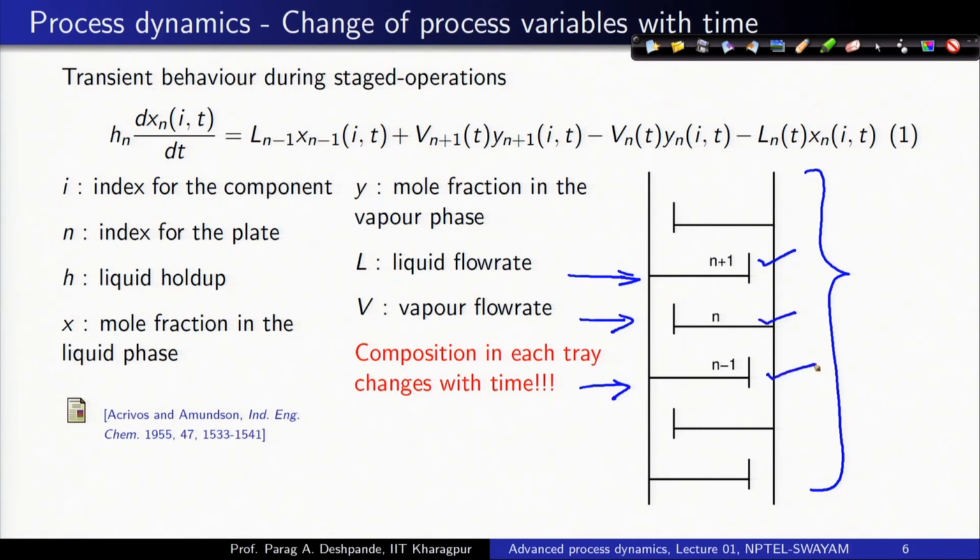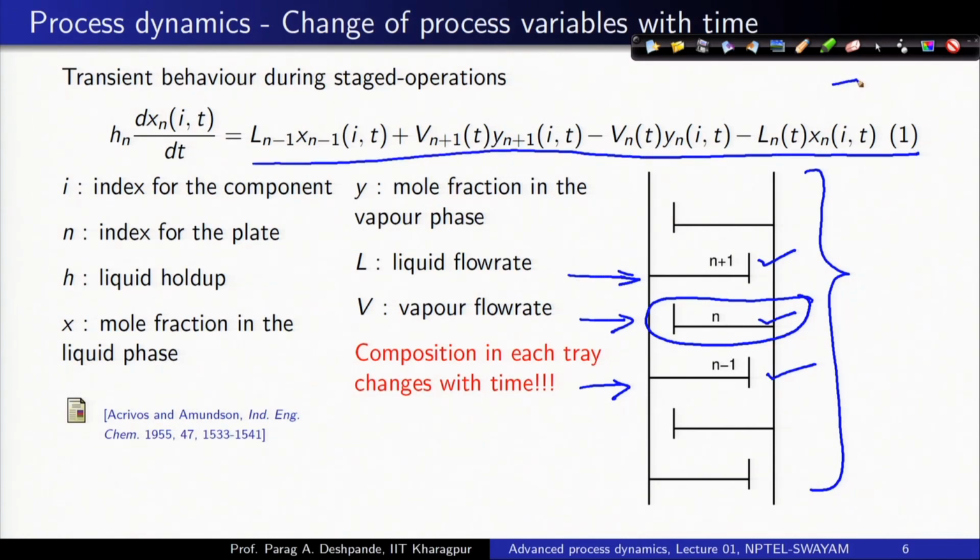You must have been taught in your mass transfer or separation process courses that you can do a mole balance over one particular plate, and what you can see on the right hand side of this equation is the mole balance, and you used to equate it simply to 0 to determine how much of a particular component leaves one tray to go to the upper tray, or the liquid phase to go to the downward tray, and so on.